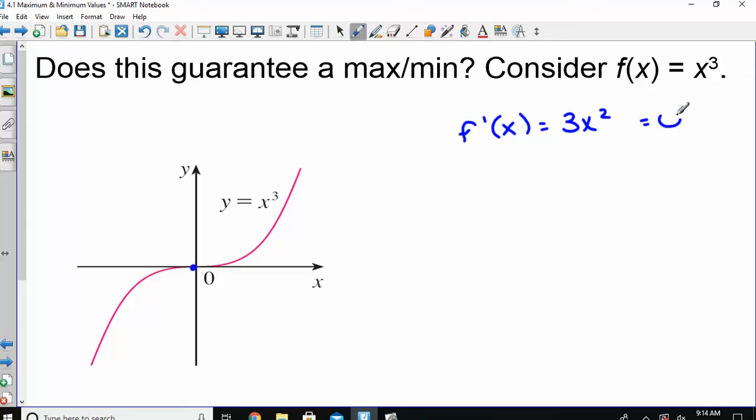If you set that equal to 0, you get 0. So when x is 0, we have a horizontal tangent line, but is 0 a maximum or a minimum? No. So if it's a maximum or minimum, the derivative equals 0. But if the derivative is 0, that doesn't guarantee anything.